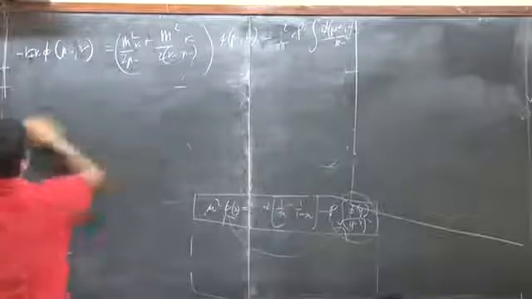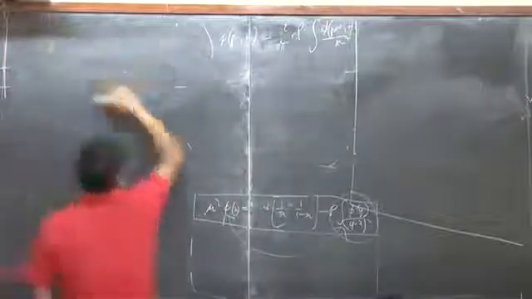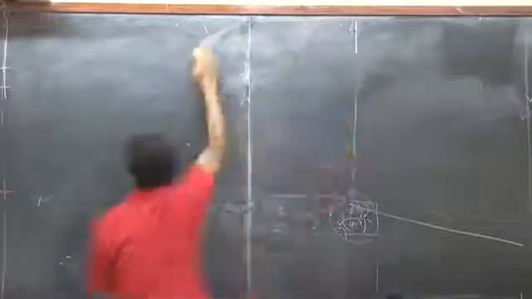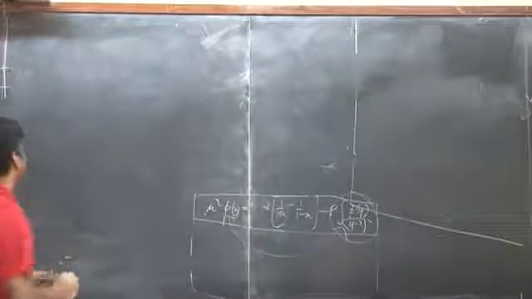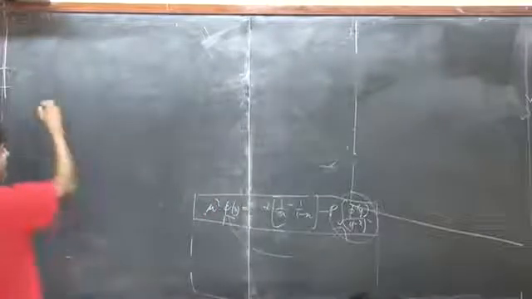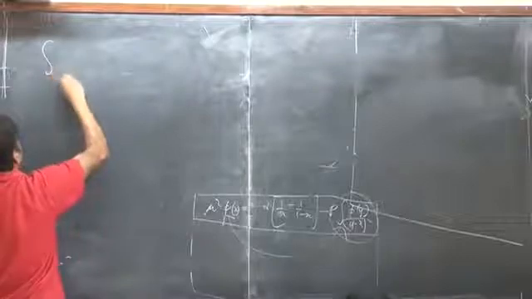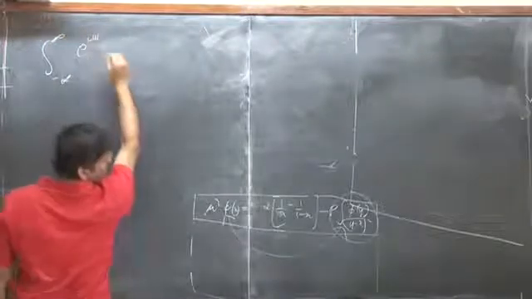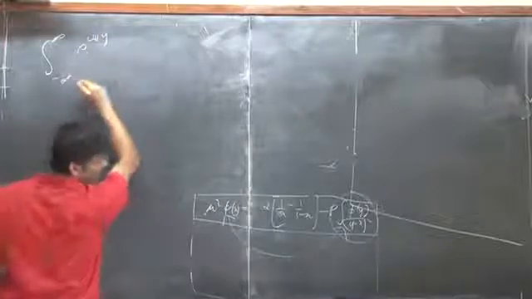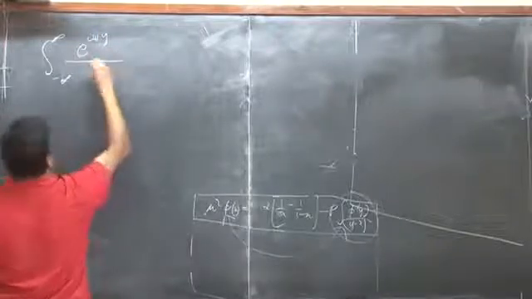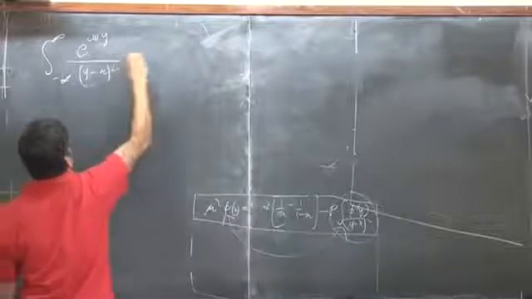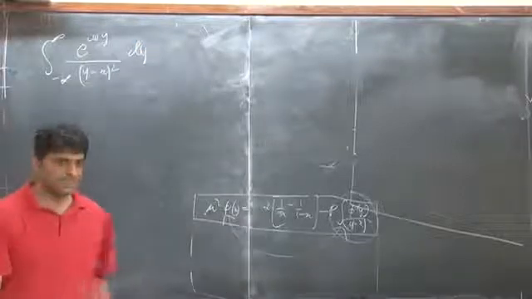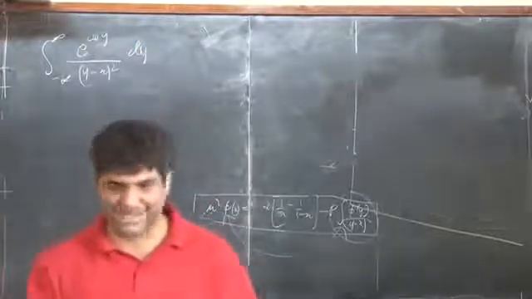As an example, let us evaluate the following. Let us evaluate the integral from minus infinity to infinity of e to the power i omega y over (y minus x) squared dy, just to try to understand this principal value integral.